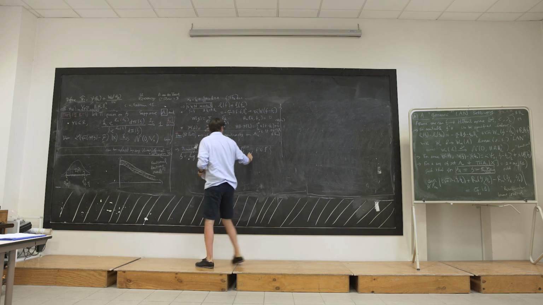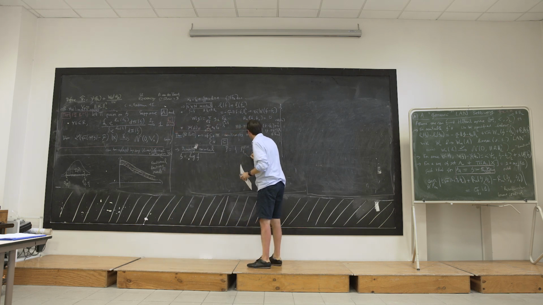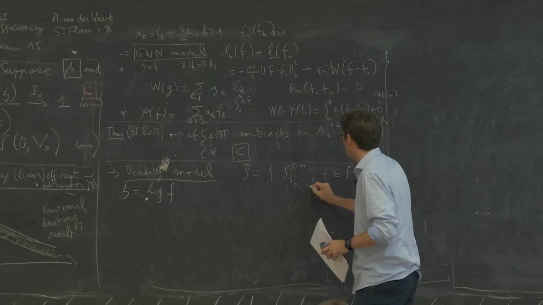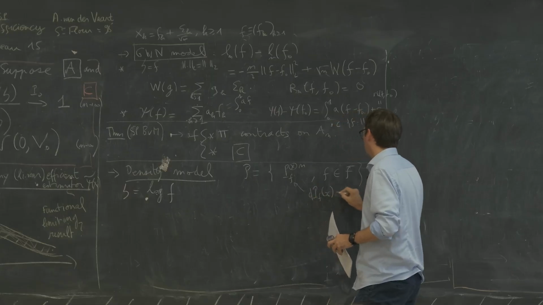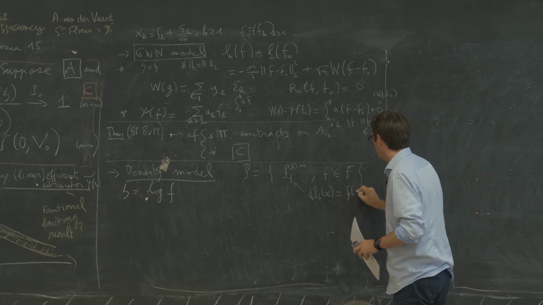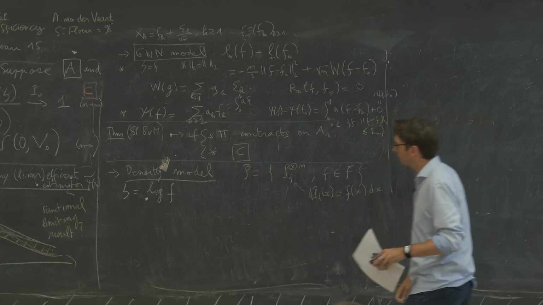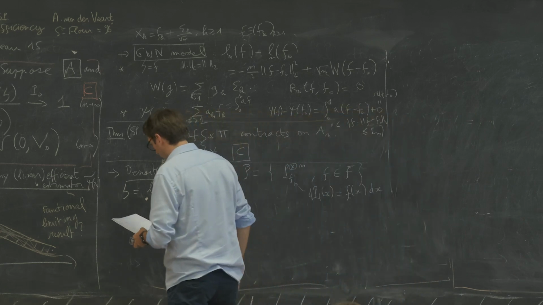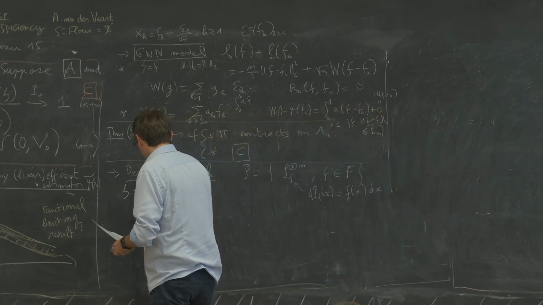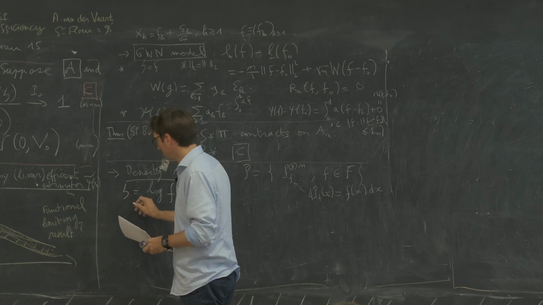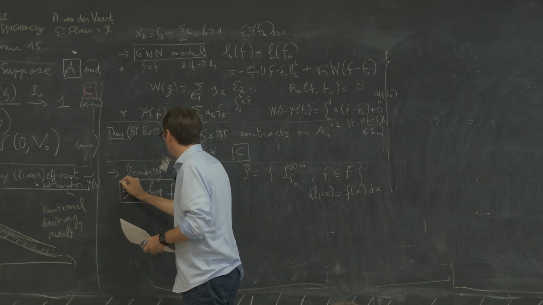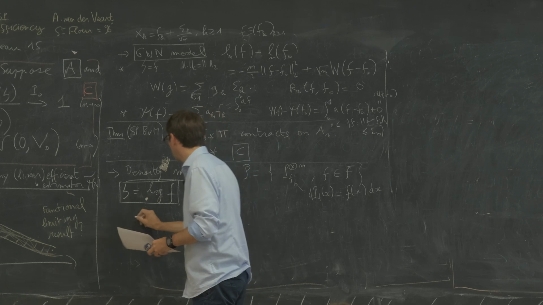Here this means that you have IID data. So P_f is just the law, say, for density estimation on the unit interval: the distribution which has density f on [0,1] with respect to Lebesgue. It's important that I take the log of f instead of f.